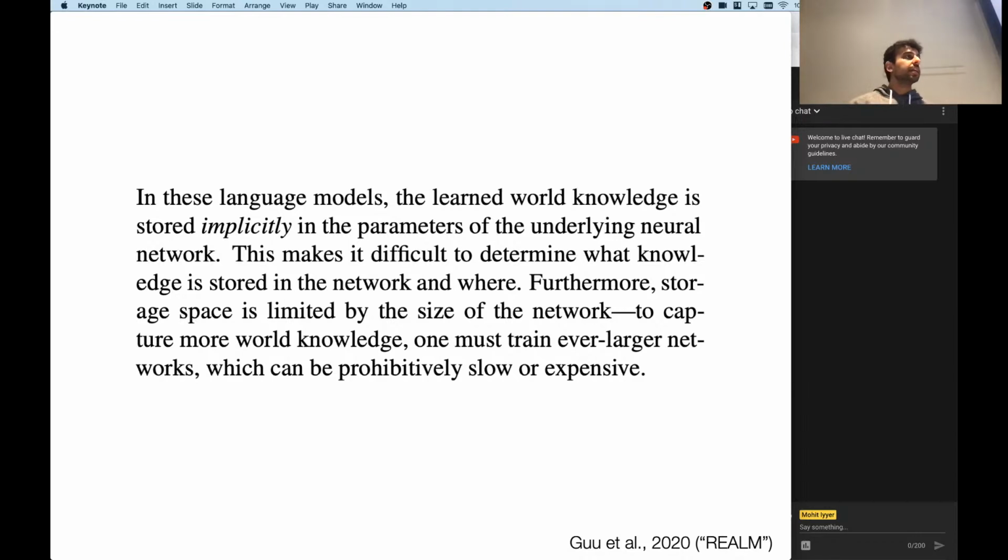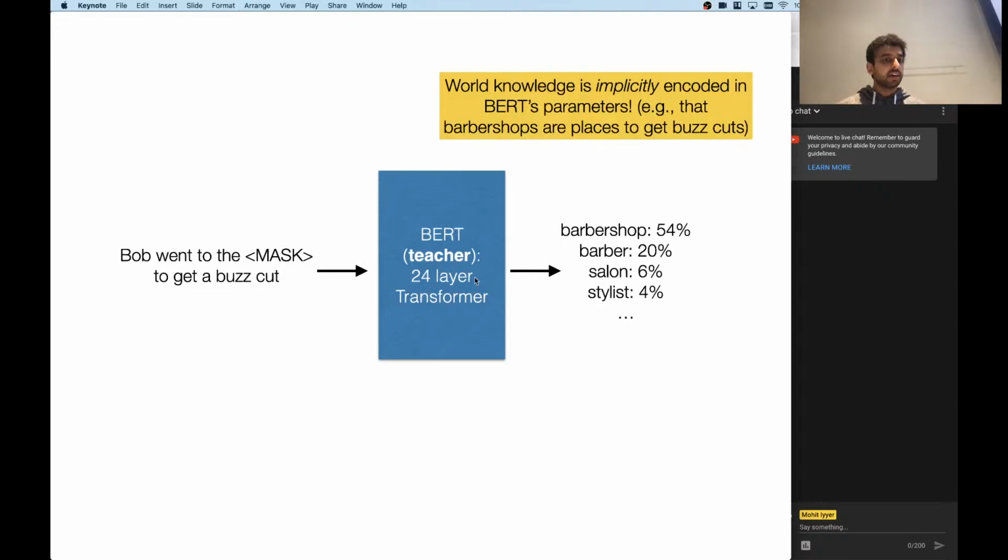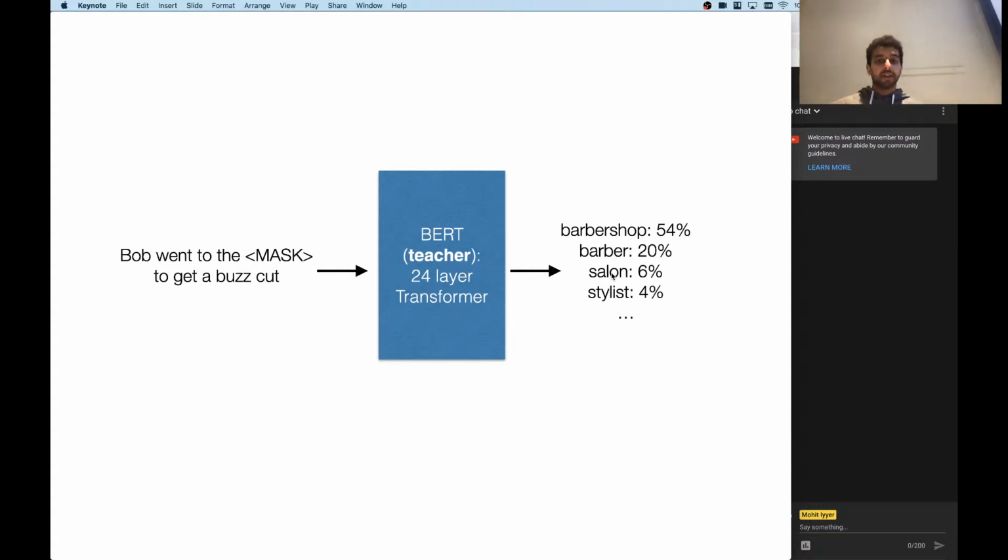So in one of the readings for today, which was the Realm paper of Gu et al., they make this distinction between knowledge that is learned and stored implicitly within the model's parameters. So like we don't exactly know how BERT was able to get to this predicted distribution, but some parameters that are part of BERT were able to, during the computations, increase the probability of barbershop here.